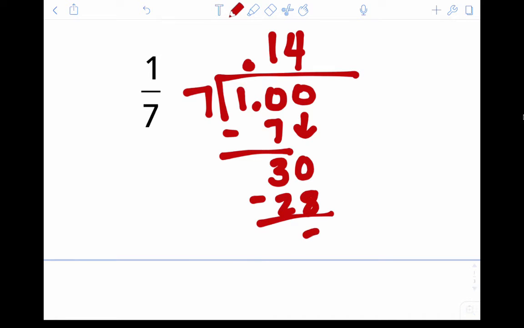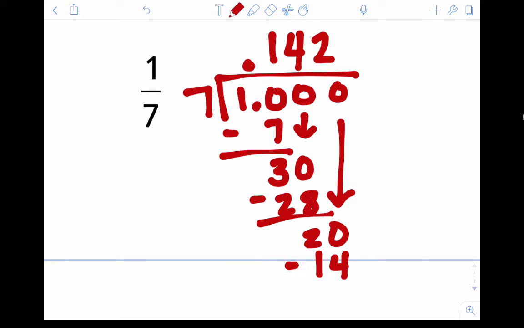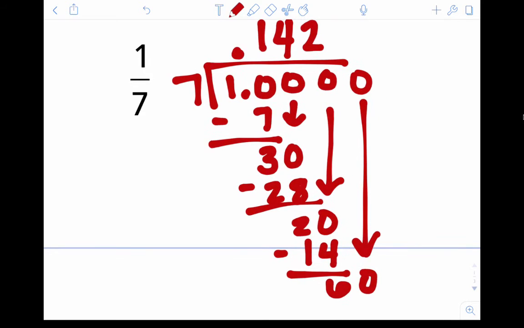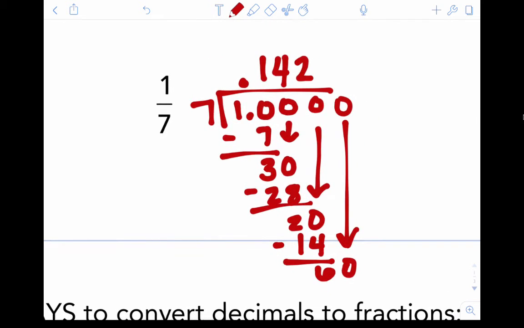I'm going to subtract to get 2 left over. Add a 0, bring it down. 7 goes into 20 2 times. 2 times 7 is 14. I'm going to subtract. I get 6. I'm going to add a 0, bring it down. This is still going with no repeats, so I'm going to continue on with this problem.